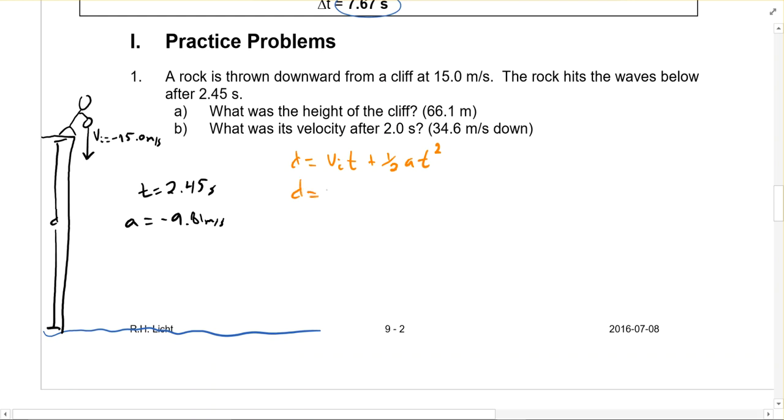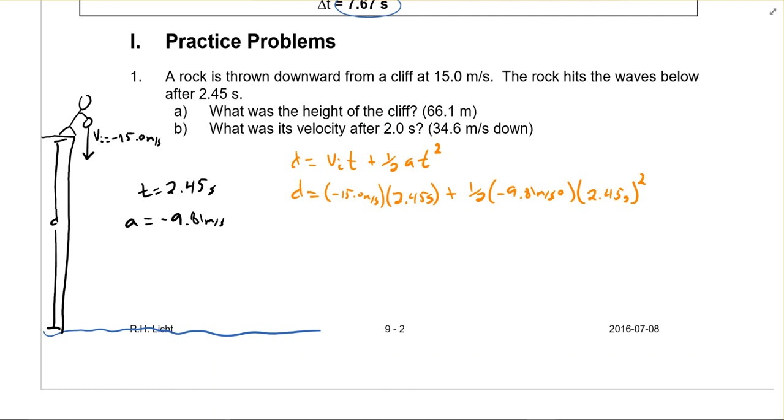D is equal to negative 15 meters per second times a time of 2.45 seconds plus 1/2 times negative 9.81 meters per second squared times a time of 2.45 seconds squared.